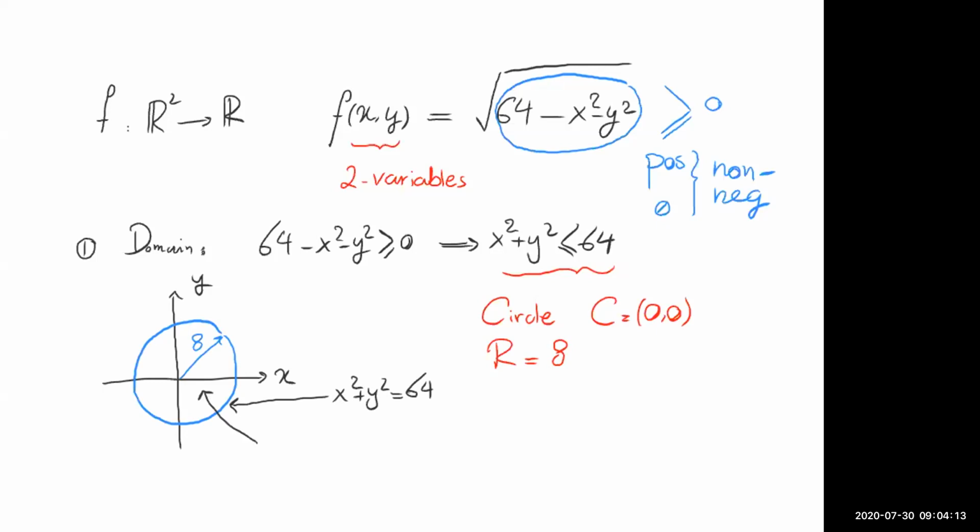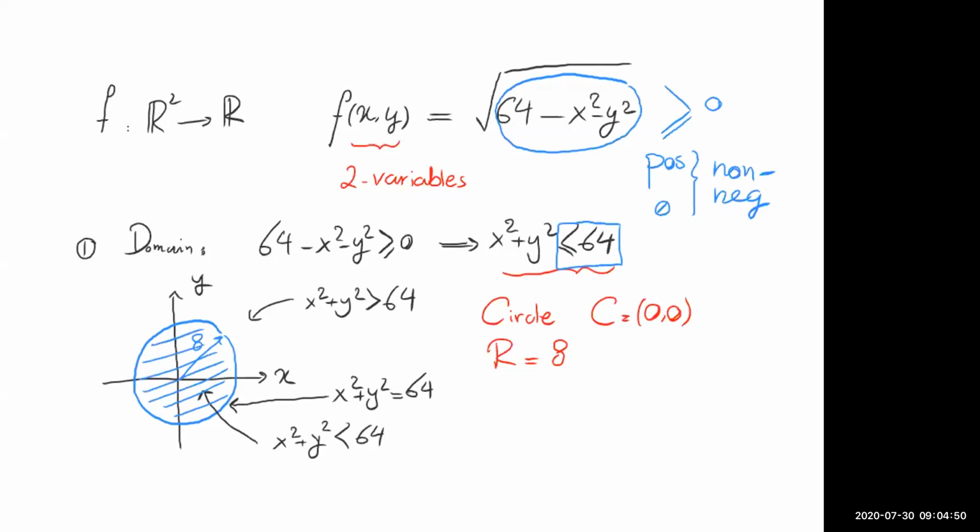The area inside the circle is x squared plus y squared strictly less than 64, and the area outside is strictly greater than 64. So here, because we have less or equal, the domain is the circle itself with the area inside the circle. Okay, that was the first thing to do.